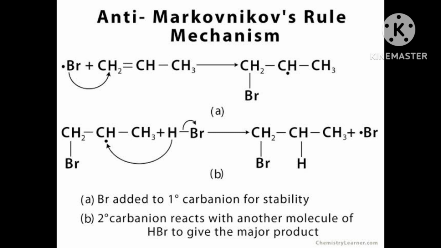That's why it is called secondary carbocation. So two types of carbocation are possible. I told you, primary is less stable and secondary is more stable.